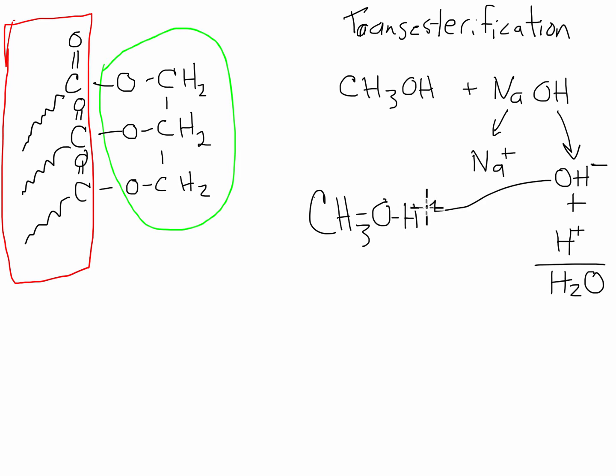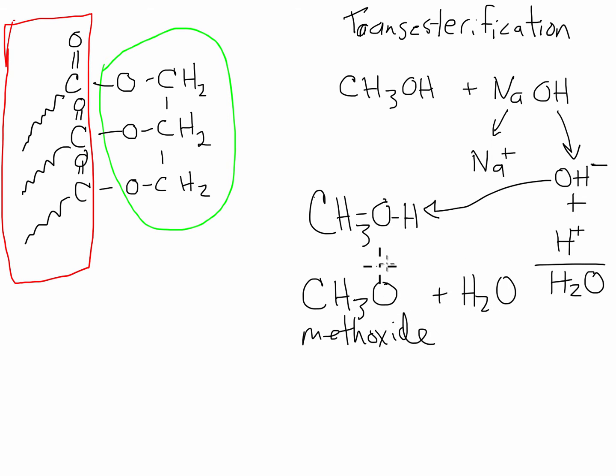Okay, it'll come and steal that hydrogen, and then you're left with a negatively charged, what we call methoxide ion, and water. Okay, this is what we really want. That's what this catalyst, the sodium hydroxide, does. It makes methanol into this methoxide ion, and this is what's going to react with our triglyceride.